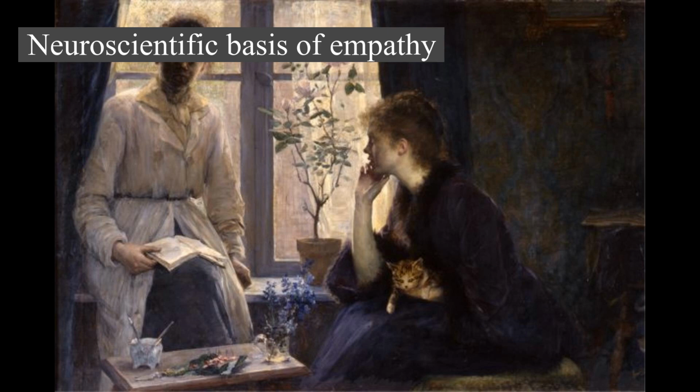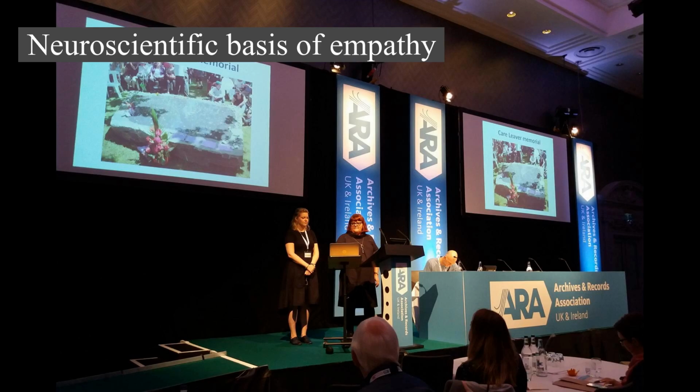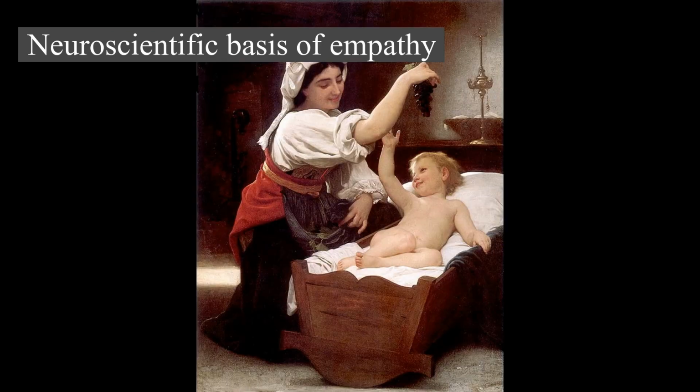Meta-analysis studies of functional magnetic resonance imaging (fMRI) studies of empathy confirm that different brain areas are activated during affective perceptual empathy than during cognitive evaluative empathy. Affective empathy is correlated with increased activity in the insula, while cognitive empathy is correlated with activity in the mid-cingulate cortex and adjacent dorsomedial prefrontal cortex.